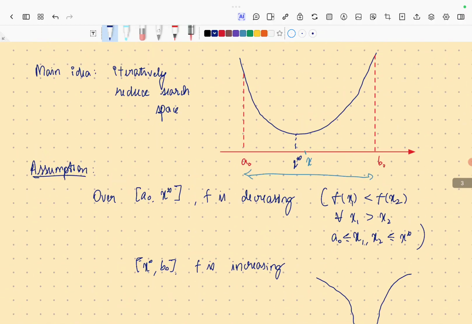And we'll assume that we have access to only a 0th order oracle, so the function need not even be differentiable.